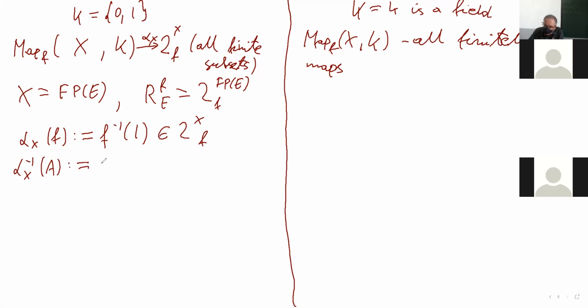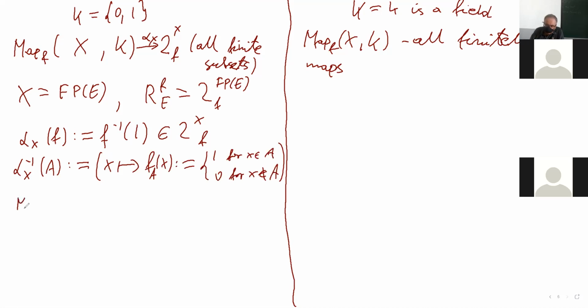And now the preimage is defined as a map which maps x into fA of x, defined as a characteristic function of the set A. So this is 1 for x in A and 0 otherwise, so for x not in A. And note that when the set A is finite, of course, fA is a finitely supported function because the support is precisely in A.